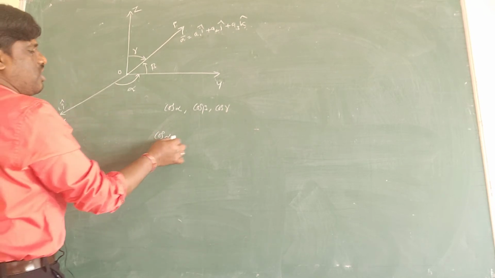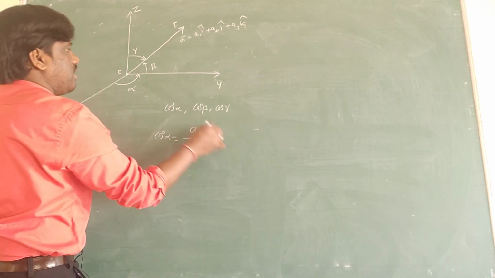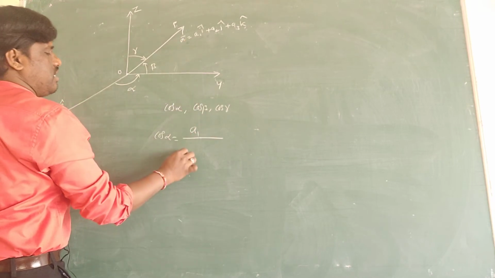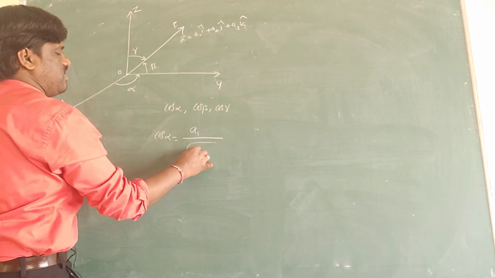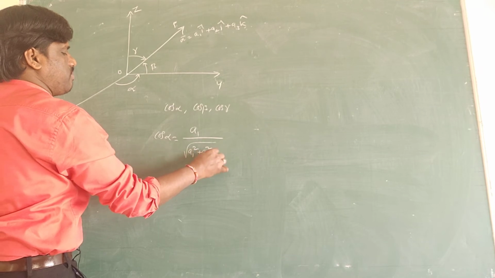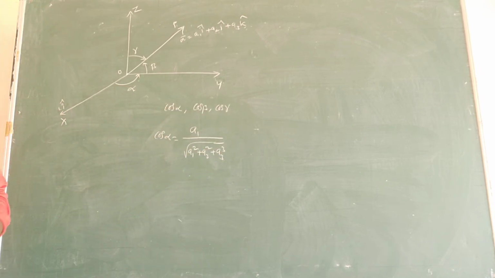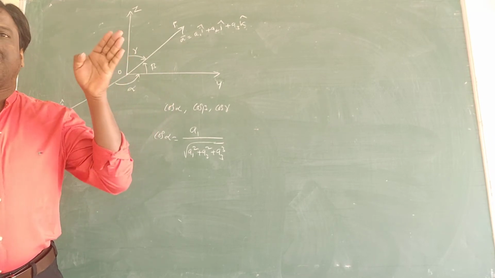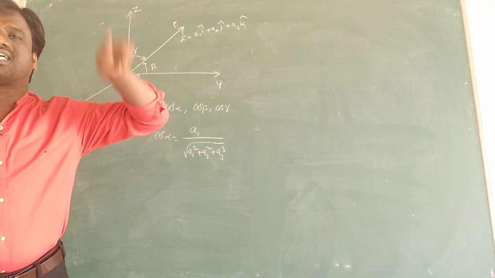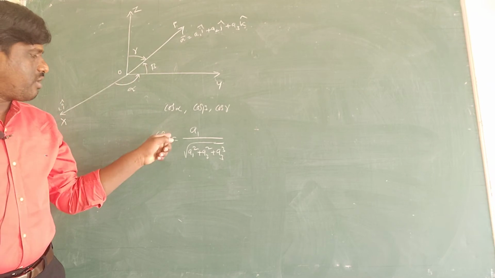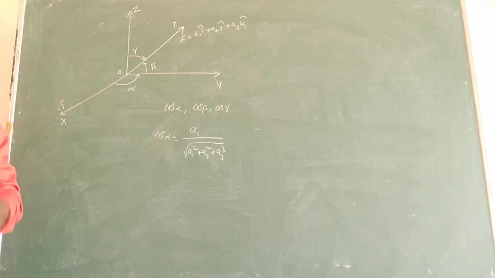So cos alpha is a1 by magnitude of a, that is under root of a1 square plus a2 square plus a3 square. So if you want to find the angle a line makes with the x-axis, the formula is cos alpha is equal to a1 by under root of a1 square plus a2 square plus a3 square.